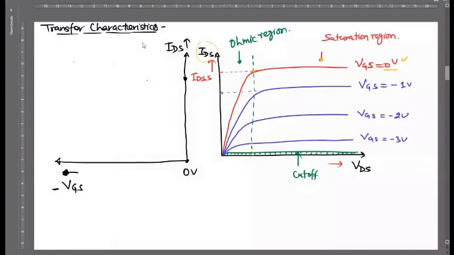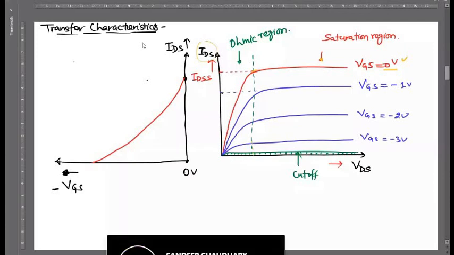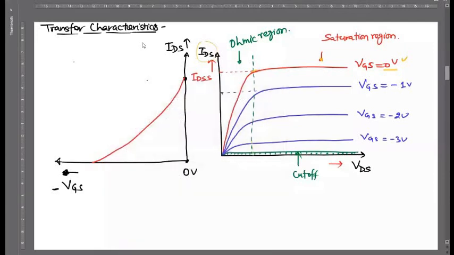Whenever we increase the value of VGS in the negative direction, this IDS reduces. Drain to source current reduces like that.